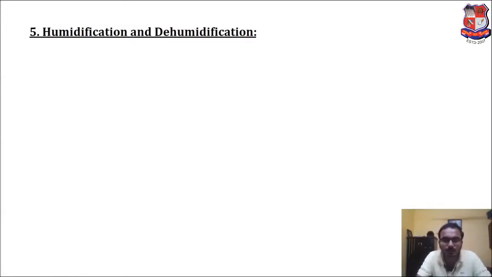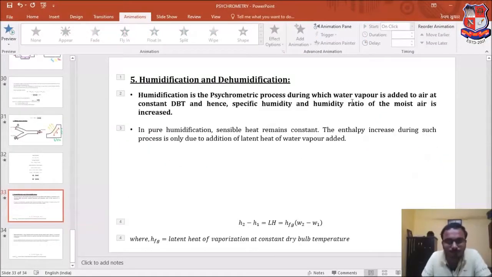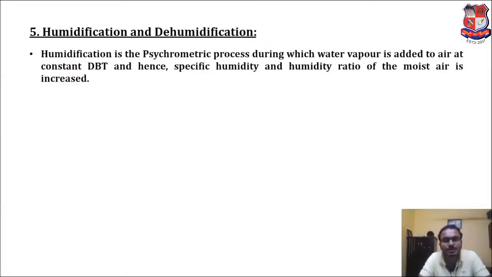Now we are into our last topic of today, which is humidification and dehumidification. So humidification is a psychrometric process during which water vapor is added to the air at constant dry bulb temperature, and hence specific humidity and humidity ratio of moist air is increased.